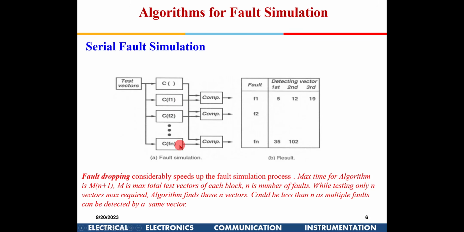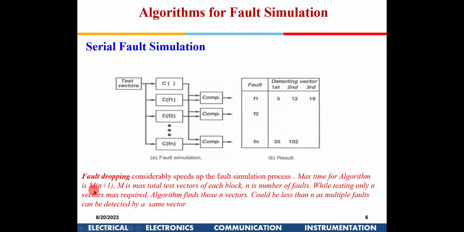If each fault is being detected by only one test vector, with no overlapping of faults for a particular test vector, then the total number of final test vectors will be n. But otherwise, if for a particular test vector more than one fault is being detected, it could be less than n.